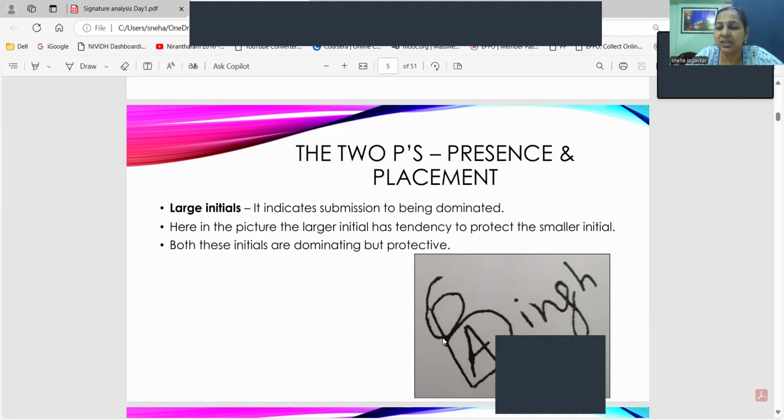Immediately when you see a signature, if you comment, oh, what a dirty signature, obviously the client sitting in front of you is going to be offended and definitely won't like it. So instead, take your time, be completely calm, take 5 or 10 minutes, analyze the signature, and then start giving your analysis.